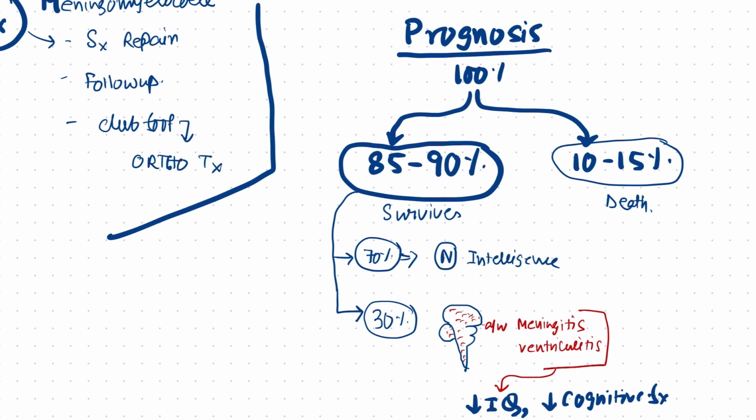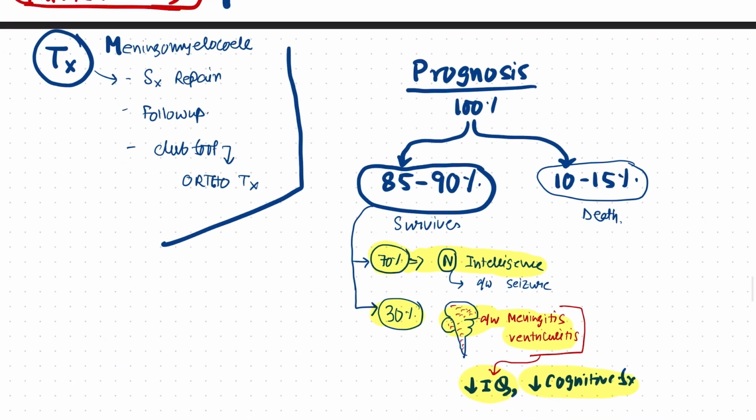So in the 70% of patients there is normal intelligence, as there is no associated meningitis or ventriculitis, but in these patients there could be an association with some seizure disorder later on. In the 30% of patients, as there is associated meningitis or ventriculitis, it is associated with low IQ or low cognitive function. And that is all about the prognosis of these patients.